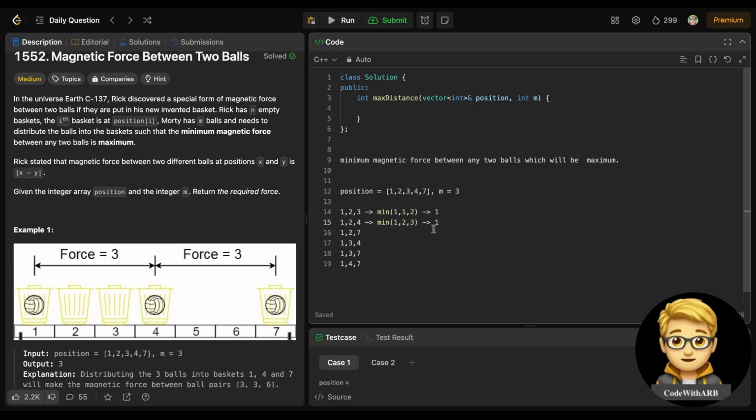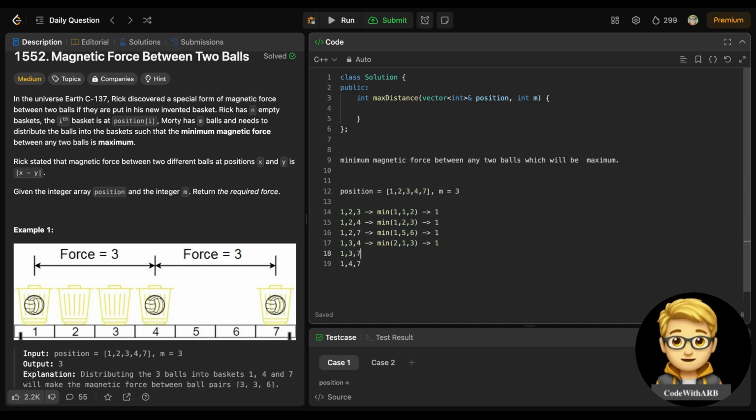1, right? The same thing here: between 1 and 2 it is 1, between 2 and 7 is 5, and between 1 and 7 is 6. So what will the minimum be? 1 again, right? And we will do this same for every possibility. 1 and 3 is 2, 3 and 4 is 1, 1 and 4 is 3, so that will be 1 again, right?